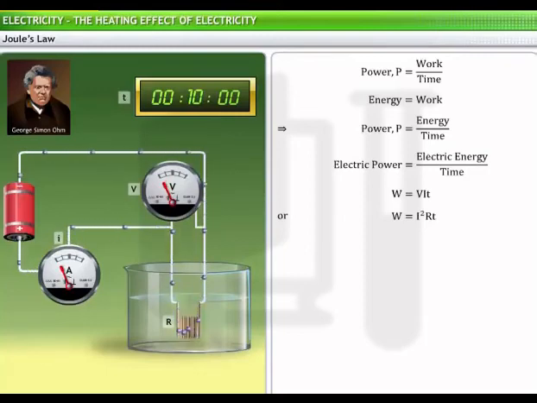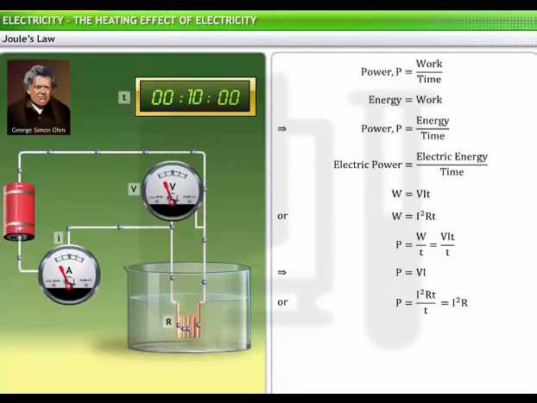Hence, electric power can be expressed as P is equal to VIT by T. This implies P is equal to VI, or P is equal to I squared RT by T. This implies P is equal to I squared R.